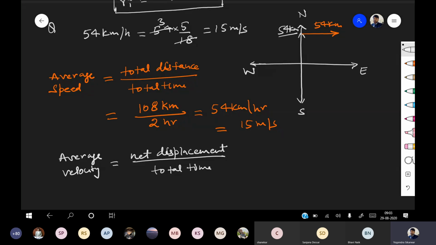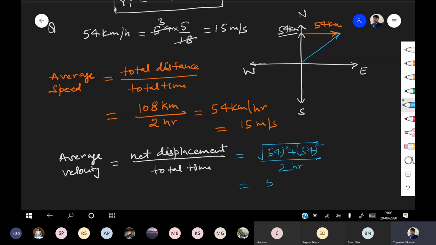So net displacement is actually this. So that will be under root 54 square plus 54 square. And time is again 2 hours.